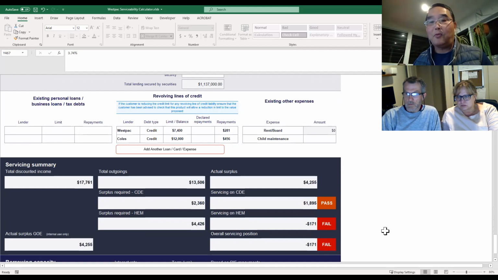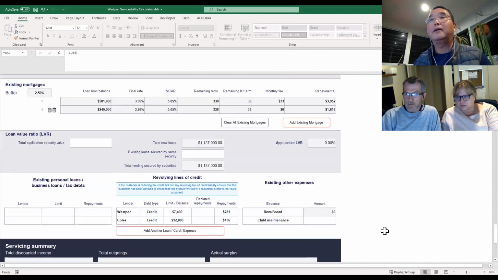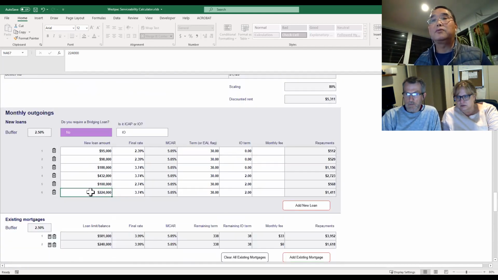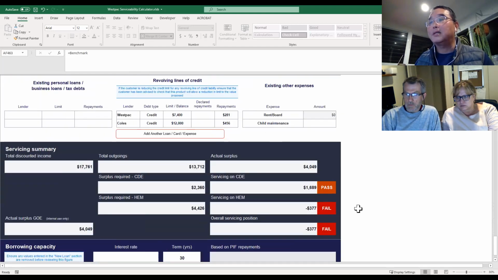That becomes 171 short. So we need to muck around basically. Or if you take principal plus interest, it will be 2.84 instead of 3.74. They will be short on 377.